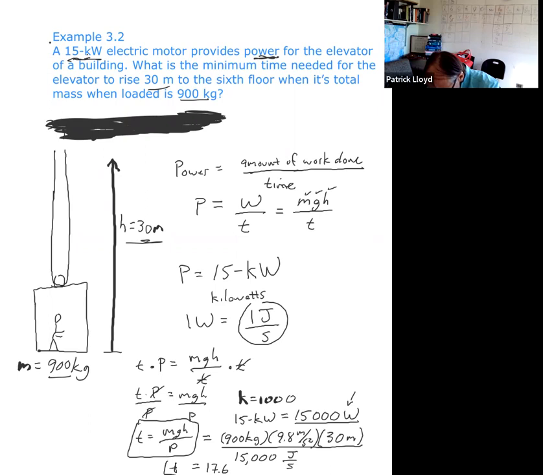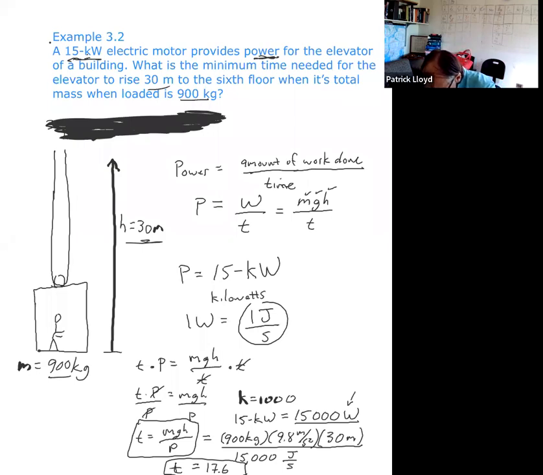But we know the units should be seconds, right? Because this is time. So how do we get seconds out of here? Well, it doesn't look too simple except for the fact, remember from the previous problem, that a kilogram meter per second squared times a meter is the same thing as a joule.